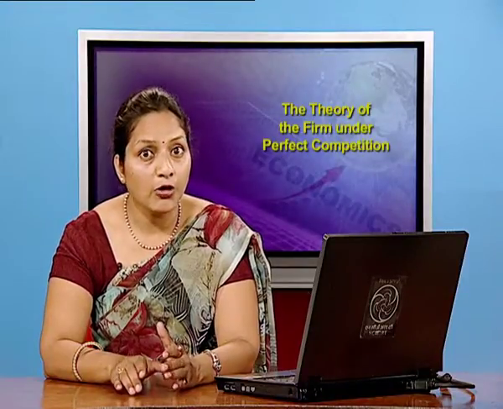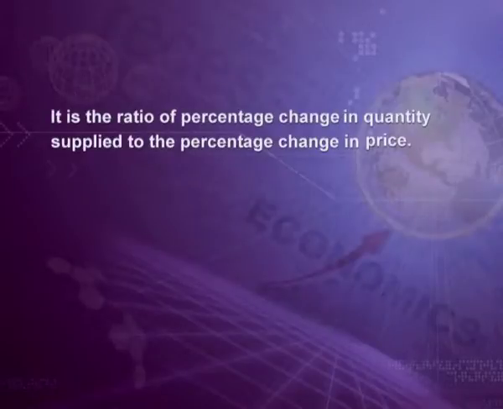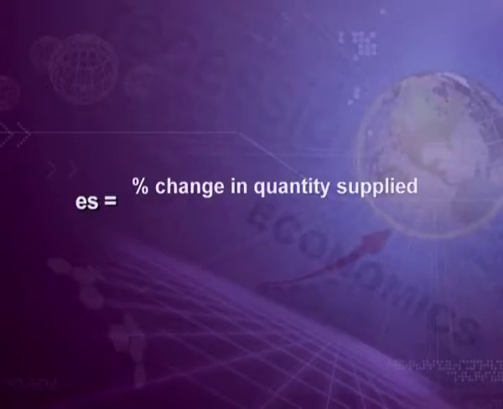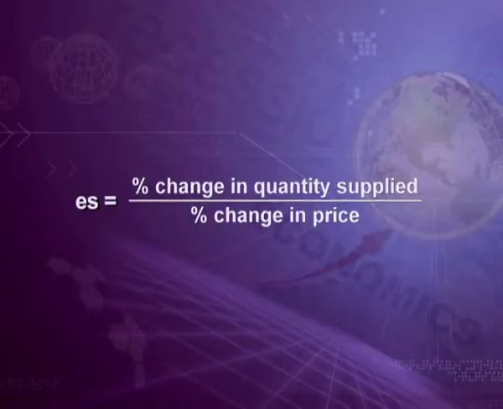It can be defined as the degree of responsiveness of supply for a commodity to a change in its own price. It is the ratio of percentage change in quantity supplied to the percentage change in price. We use ES to denote the coefficient of the elasticity of supply. Symbolically, it can be written as ES, elasticity of supply, equals percentage change in quantity supplied upon percentage change in price.